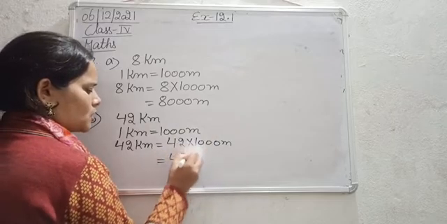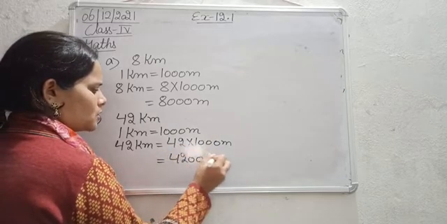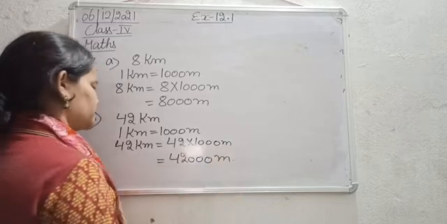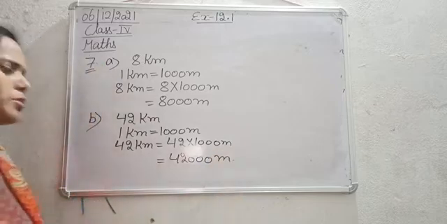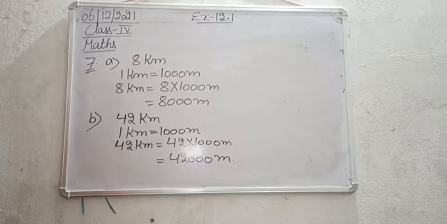This is 42,000 meter. So 42 kilometer is equal to 42,000 meter. So this is the solution for the A and the B part of question number 7. You can pause it here and note it down in your notebooks.